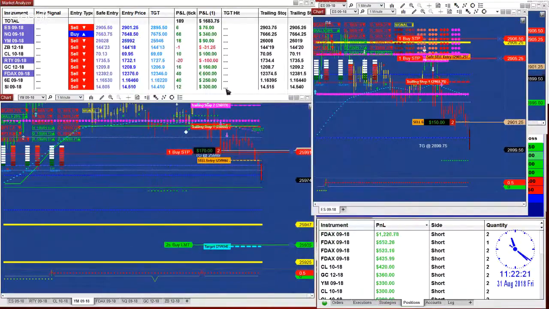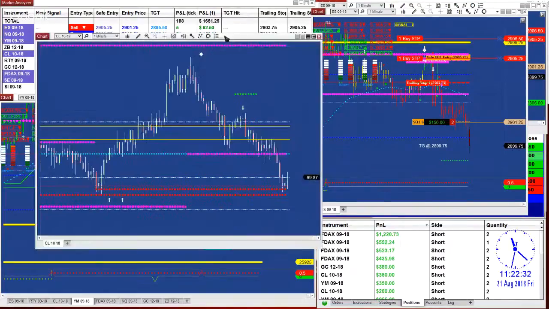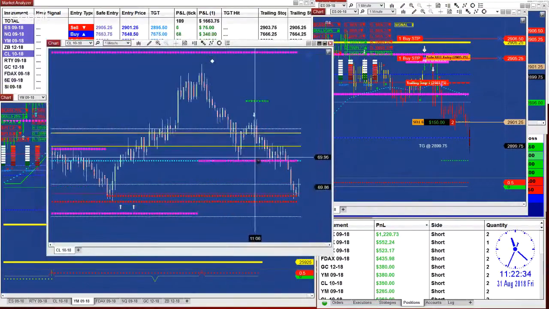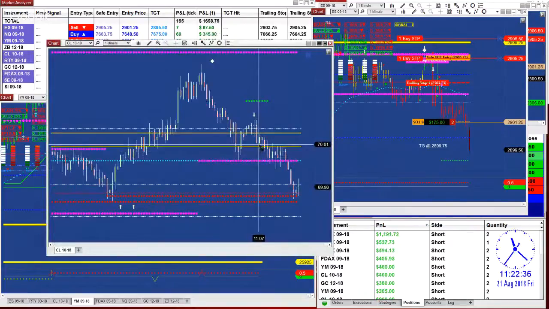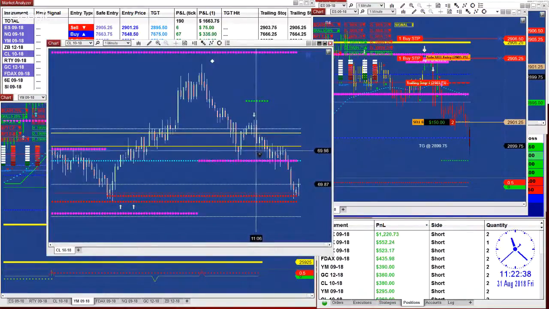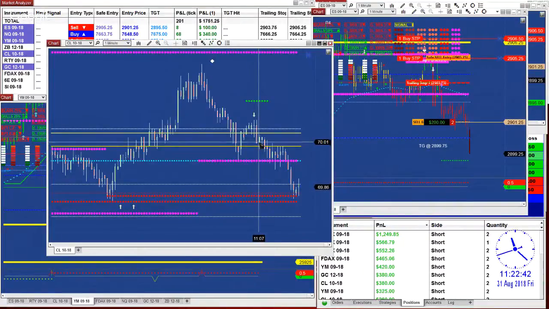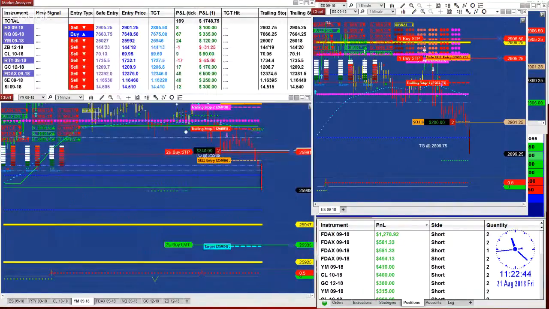If you want to follow the system, let me see where the re-entry on the CL is. The re-entry on the CL is 70.13. Where the hell is 70.13? Okay. So there we go.